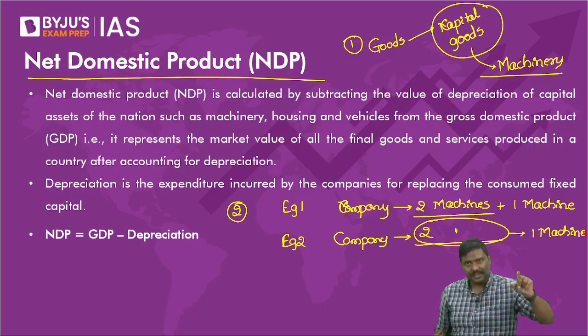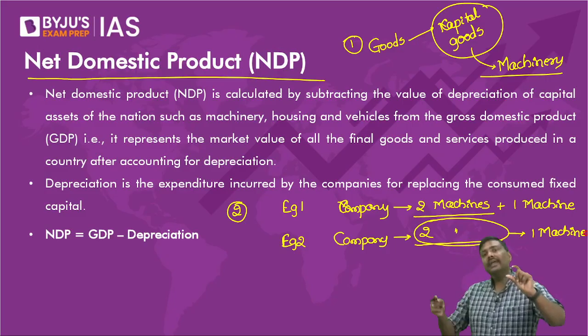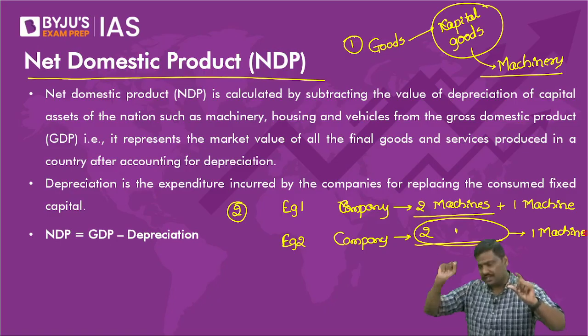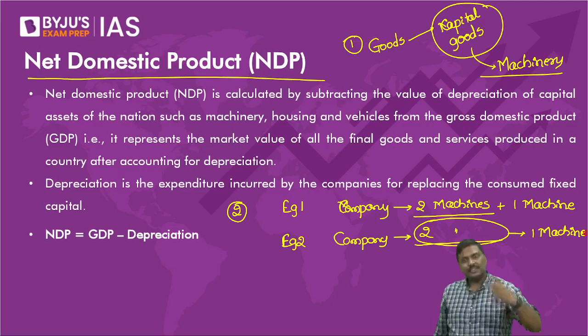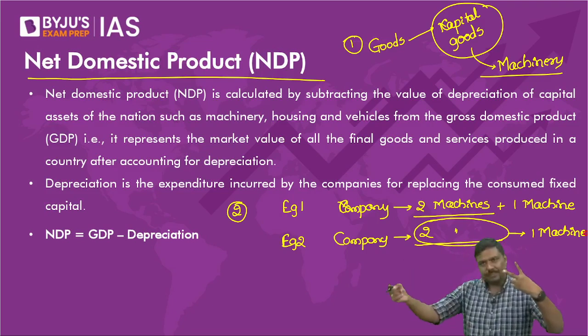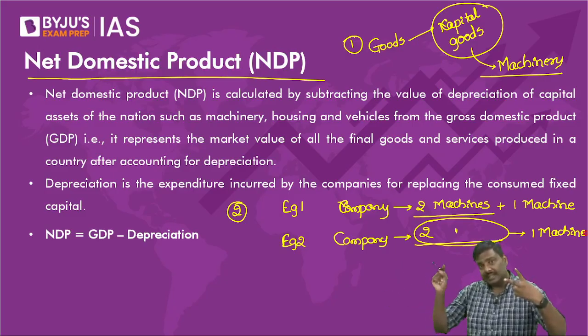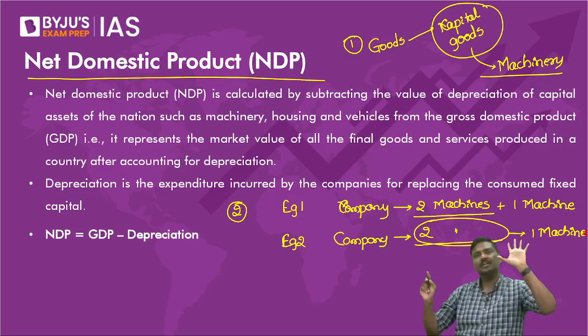I repeat, example 1, the company has 2 machines and has purchased 1 more machine which was produced this year. Example 2, the company has 2 machines. It has purchased 1 more machine that was produced this year, but this is because they are going to replace one of the machines.